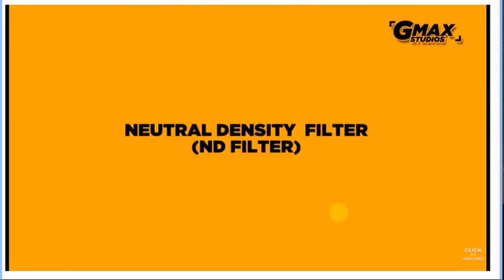The other filter is the ND or the neutral density filter, the effect of which cannot be replicated easily in any post-processing software. The ND filter is a piece of darkened glass that you put in front of your lens, thereby reducing the amount of light that enters into the camera.